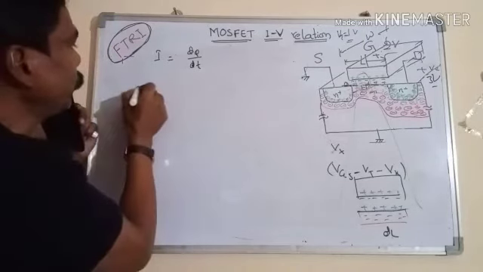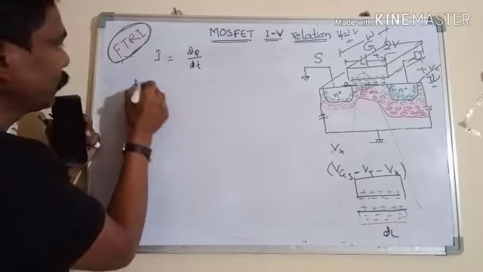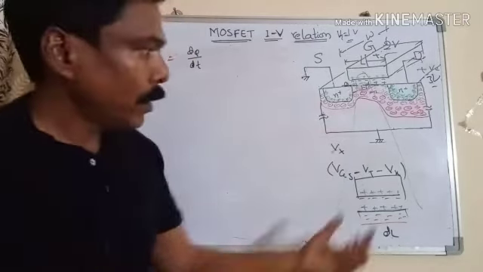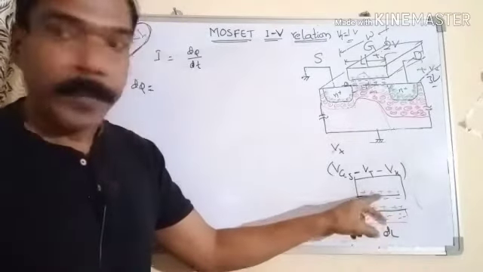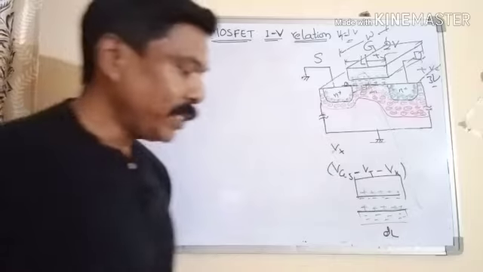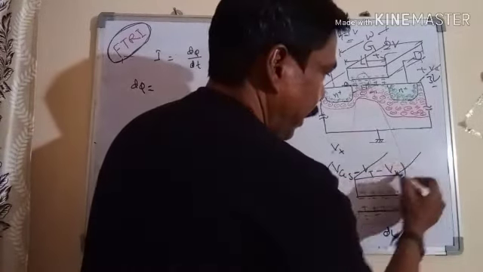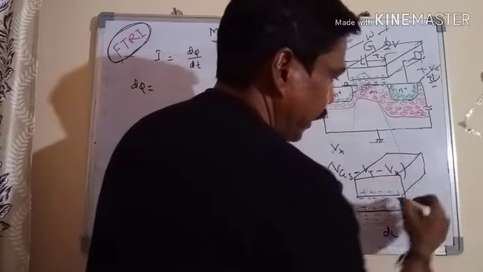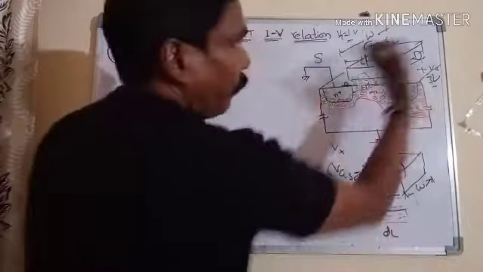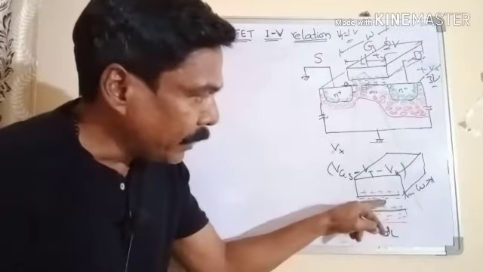So dq can be obtained as follows. The charge is given by capacitance times voltage, Q equals CV. The capacitance of this elemental channel: the gate width is W and the length is dl only, with a dielectric layer in between.